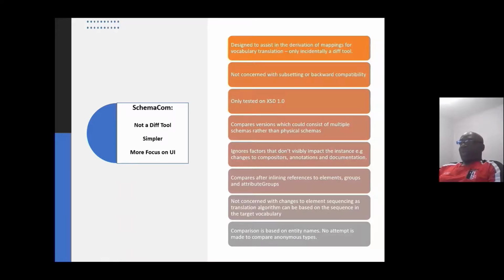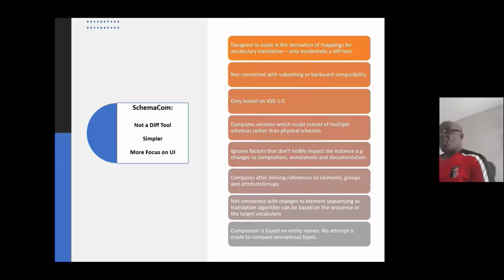But we're not concerned with compatibility or subsetting as concepts. Okay. Only tested on XSD 1.0 was actually common to both approaches. We don't have to worry about compositors, annotations, or documentation, because these things do not visibly impact the instance. If you change from a sequence to a choice, that doesn't affect your mappings.